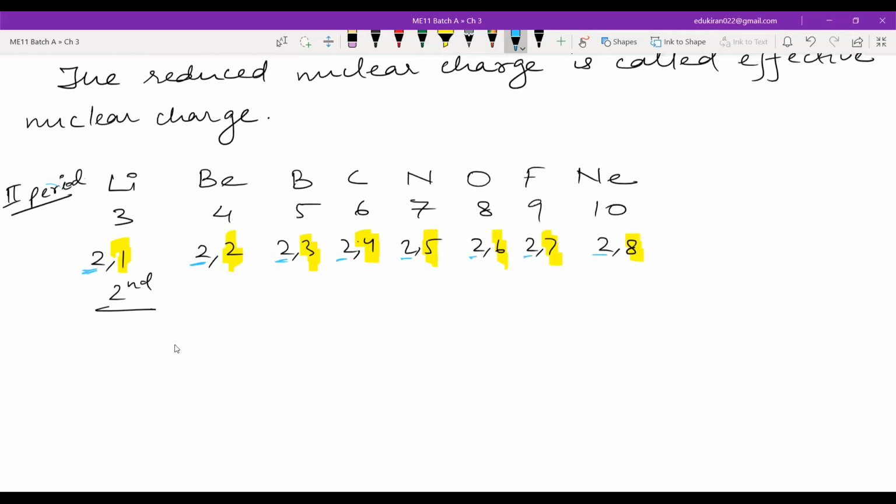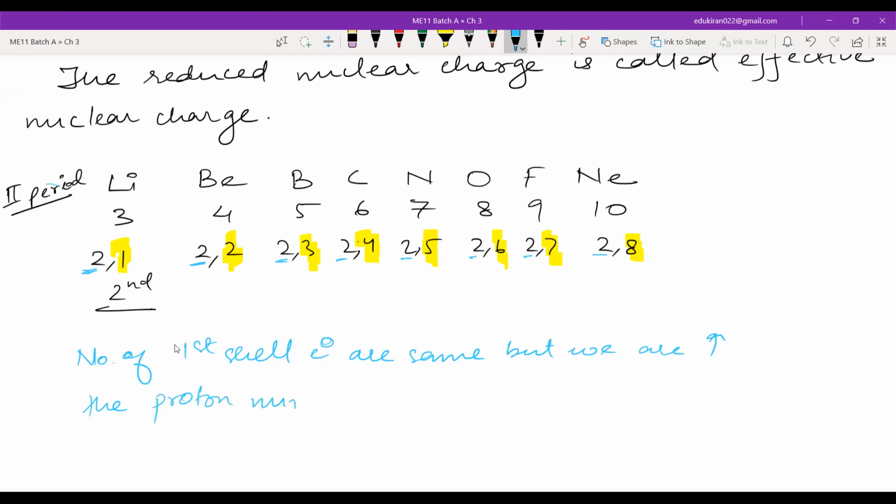Now, these are only shielded by 2 electrons, but you see that the number of first shell electrons is the same, but we are increasing the proton numbers, right?